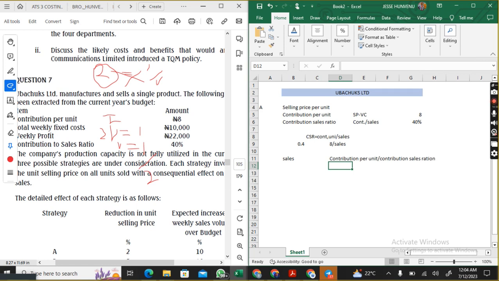So our answer now is equal to 8 divided by 40%, which is 0.4. That means our sales is 20. Our sales now is equal to 20 naira.